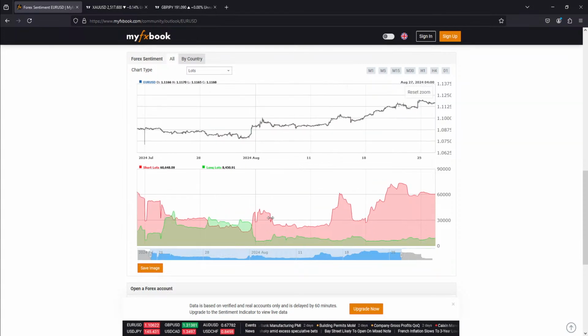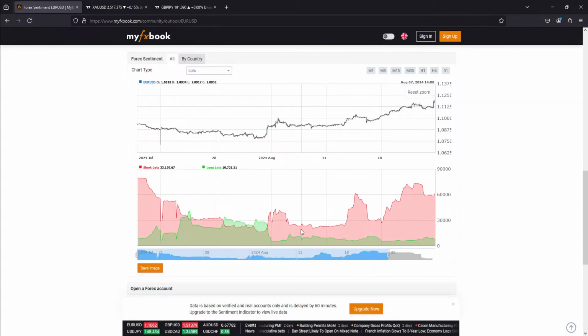And if we go back again, at this point you see the buyers were increasing, and here the market was moving down. So this is an extremely nice way to trade the market. This can be really helpful if you know how to use it. I personally use it, but not that much.